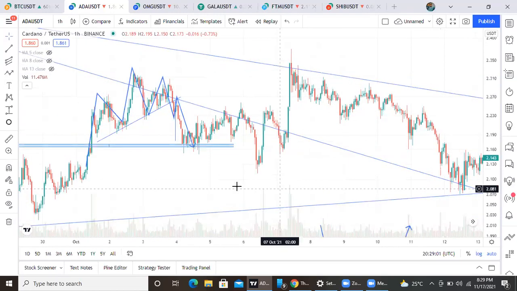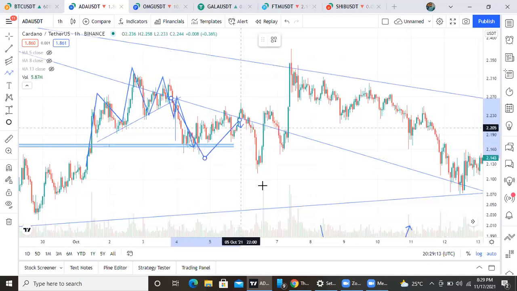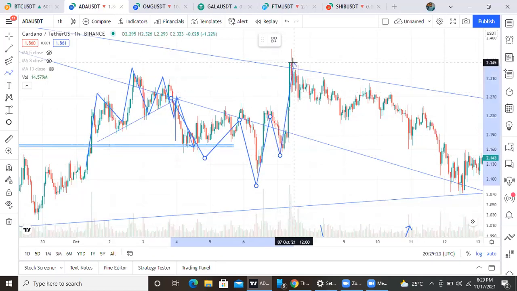Okay, this can also be a head and shoulder, an inverted head and shoulder. This could be the left shoulder, the head, the right shoulder, and a breakout of the neckline with a super run, no retest.